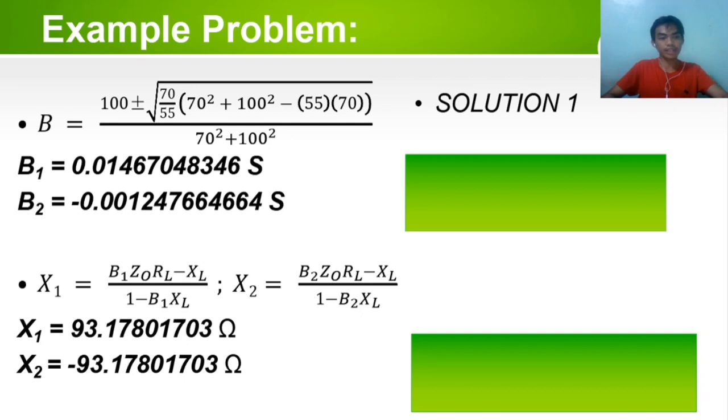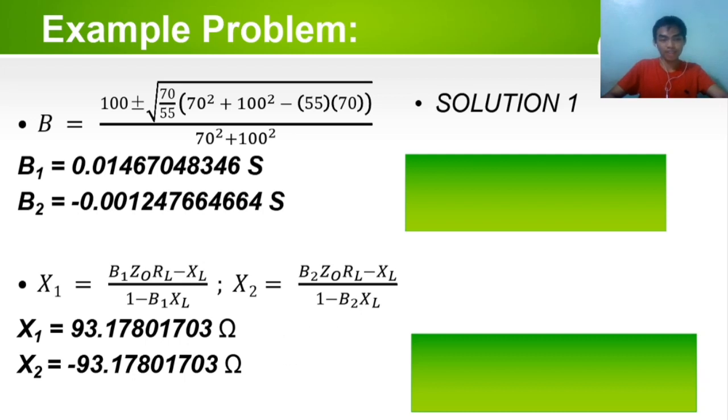To get the reactance, we substitute susceptance 1 and 2 to get reactance 1 and reactance 2, which are 93.1703 ohms for reactance 1, while reactance 2 is the negative of that, negative 93.1703 ohms.